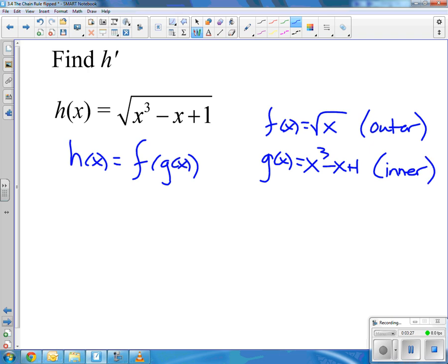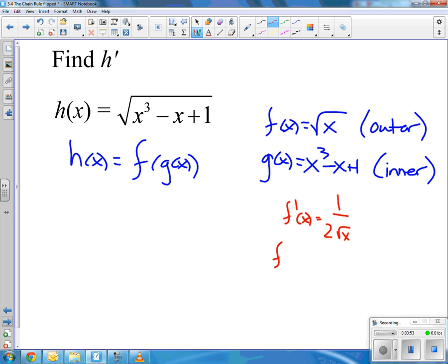Okay, so think about what we said. For this derivative, the first thing we need to do is find the derivative of f at g of x. Okay, well, let's go over to the right side here for a second and think about f of x. f of x is the square root function. So if we're going to take the derivative of f of x, if we remember, the derivative is 1 over 2 root x. But we don't want the derivative of f at x.